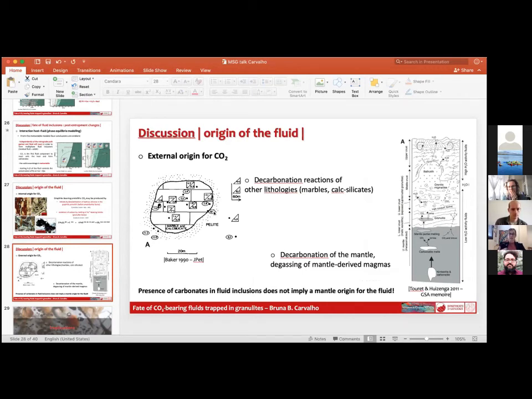And there's another paper, because in the Ivrea Zone there's the mafic complex close to the granulites, so there was maybe a possibility that the fluid was coming from the mafic complex. However, this other study has also excluded this possibility because the carbon isotopes, again, don't show any alteration or change that would indicate fluids coming from the mafic complex.